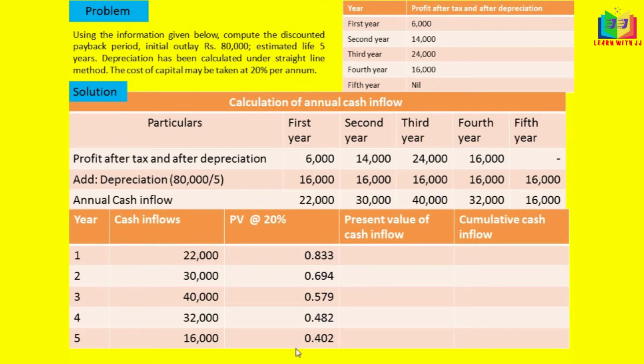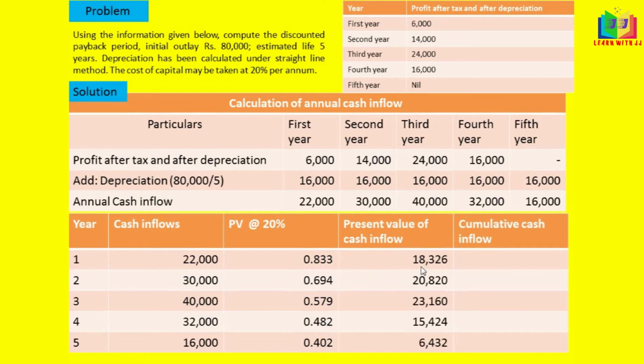Now we have to calculate the present value of cash inflow. We multiply the cash inflow by this present value factor. We'll get 18,326, 20,820, 23,160, 15,424, and 6,432. Now we have to do the cumulative of these present values of cash inflows.